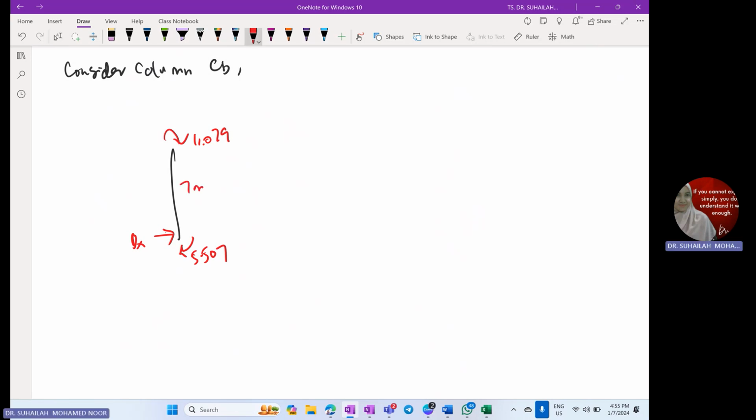It is 7 meter. So this time we have to take moment at C so we can calculate DX. So it is 11.079 plus 5.507 minus 7 DX.